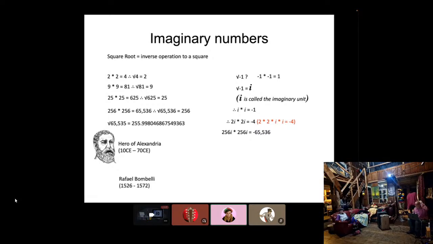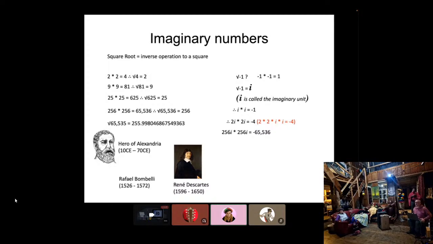Then there's another chap called Raphael Bombelli, who I couldn't find a picture of, but he first started picking up on this maths and using it in the 1500s. And our old friend René Descartes was a bit cynical about this maths and said, oh, this is a load of rubbish, and called them imaginary numbers as a put down, and it's actually what stuck to the name and the numbers.